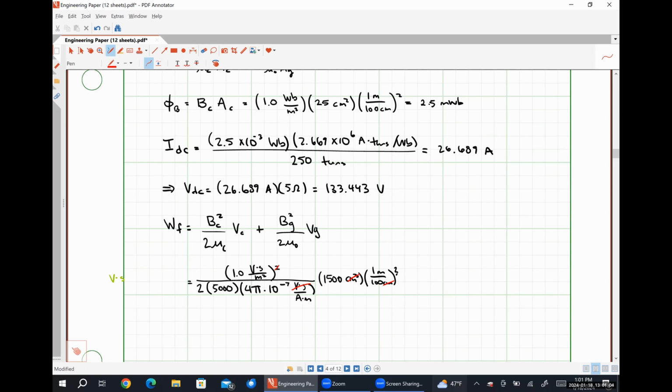So now I have meters cubed in the numerator, and then I have a meter squared and a per meter down here. And so all of these meters are going to cancel each other out. The last thing that I need to pay attention to is I have 1 over amps.